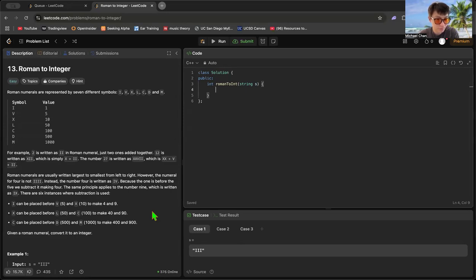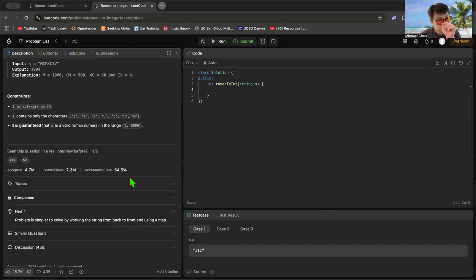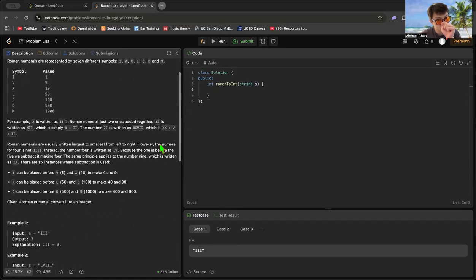It has to be some sort of map thing, right? Yeah.